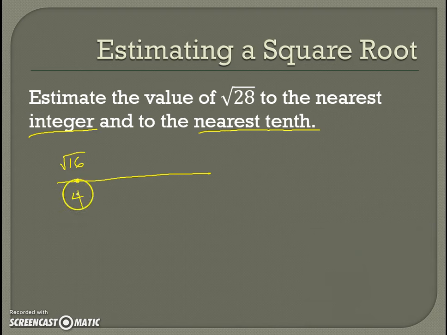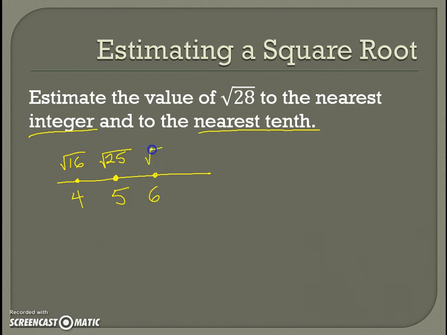This is the simplified version of this. So if I continue going, the next number would be 5. The perfect square of 5 is 25. So the square root of 25 is the same as 5. And you can see as I increase on my number line, I'm getting closer to this radical 28, but I'm not quite there. So I'd go up to the next number, and that would be 6.